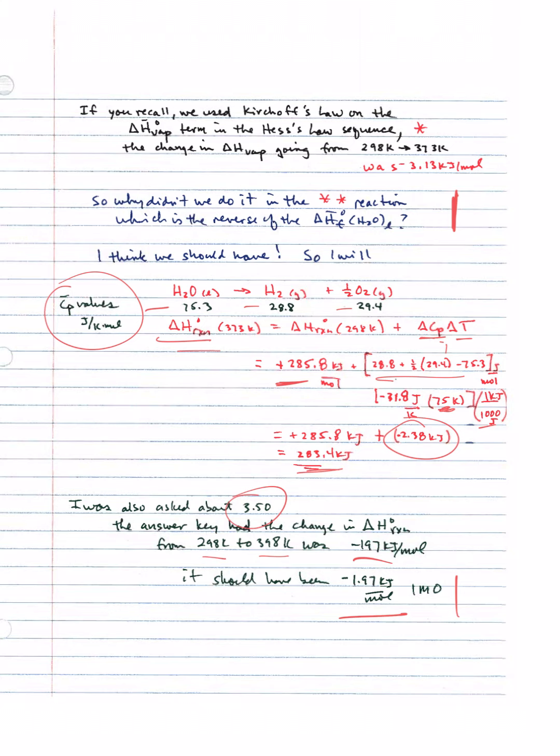I rewrote Kirchhoff's law straight out of the book so that the delta H of the reaction at 373 was going to be equal to delta H of reaction at 298 plus the term delta CP delta T. So doing products minus reactants, and then multiplying by a 75-degree increase and converting to kilojoules, I got a difference of 2.38 kilojoules, which made the delta H of reaction 283.4 instead of 285.8. So I think that was an error in the key and the example that we did in class, and this should have included Kirchhoff's law for that term.